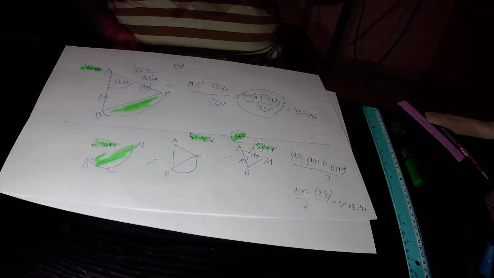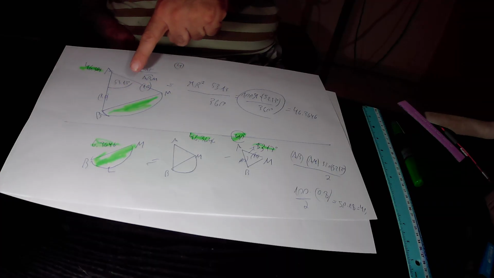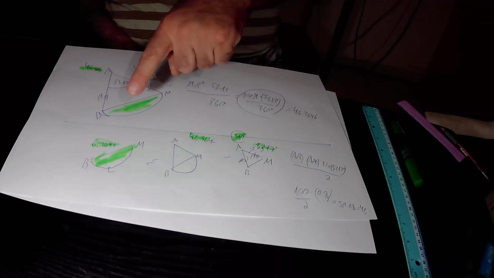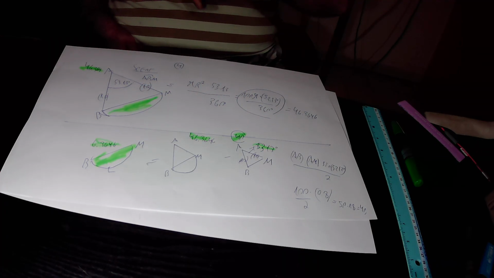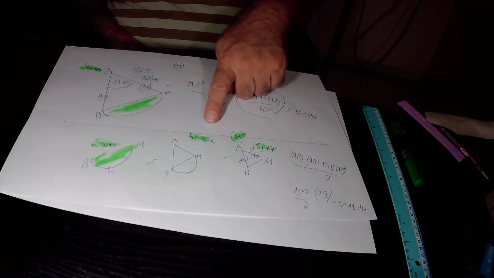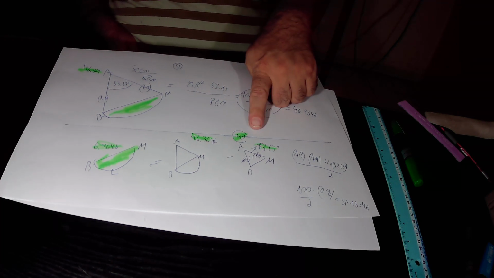We already found that the area of sector ABM equals 46.3646 square units, minus the area of triangle ABM.